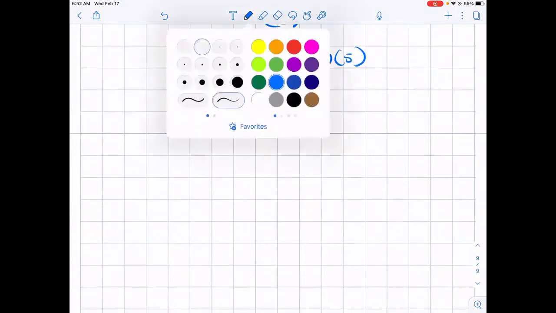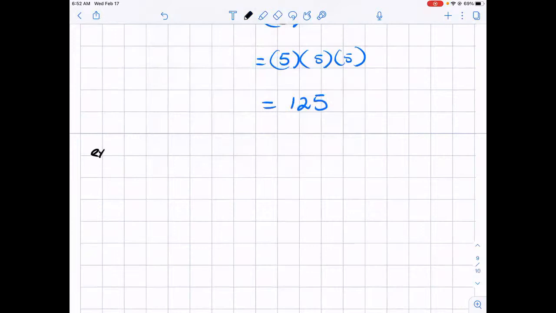If we look at another example, how about if I ask you to simplify 9 to the minus 3/2 power.